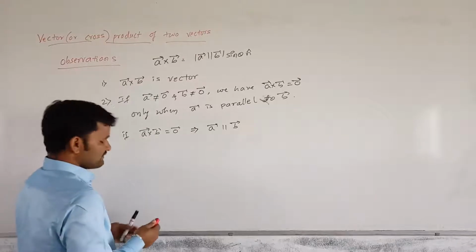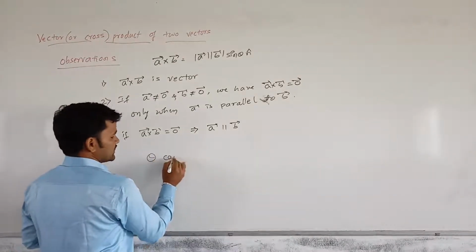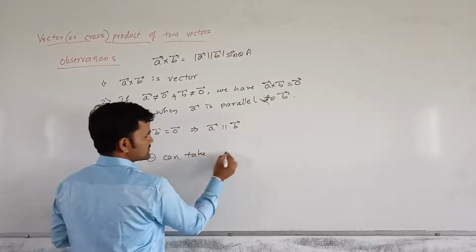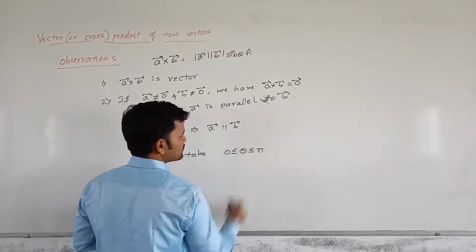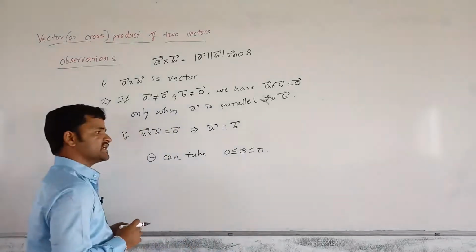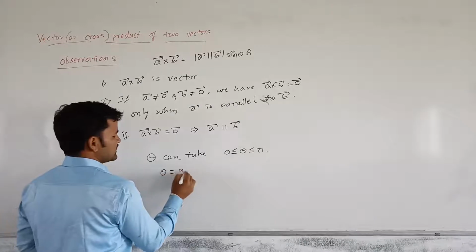And what about the theta value here? Theta can take the values 0 to pi, that is, 0 less than or equal to theta less than or equal to pi, 0 to 180 degrees. Now suppose theta is equal to 90 degrees, what happens?